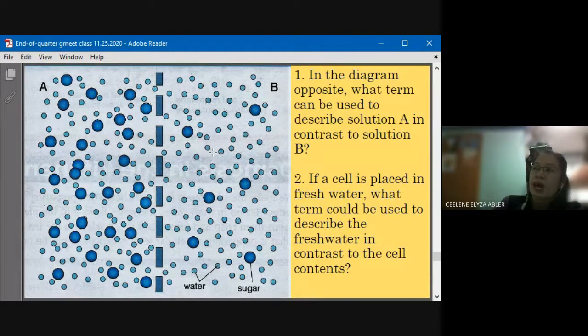Kasi, ang seawater, mas maraming salt molecules or minerals ang nasa isang water solution than the water. So, i-compare mo siya, it's actually hypotonic ang body mo, hypertonic ang seawater. So, the movement of water will be from your body out to the seawater.